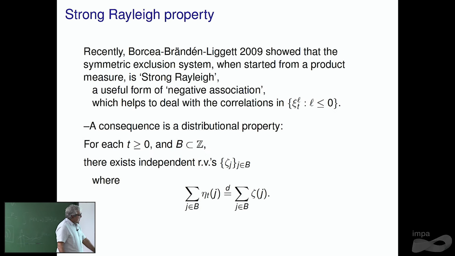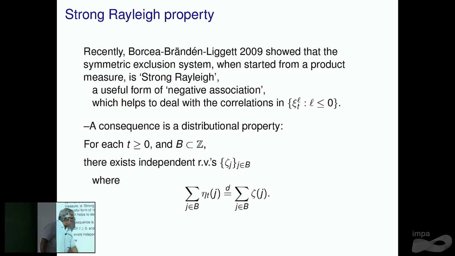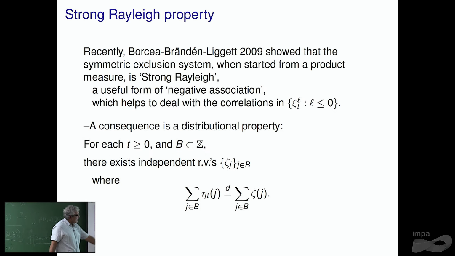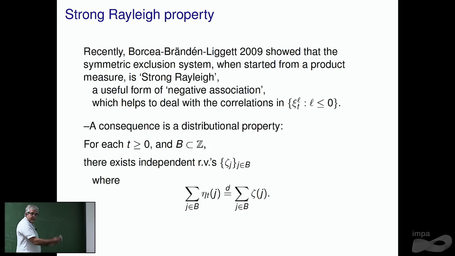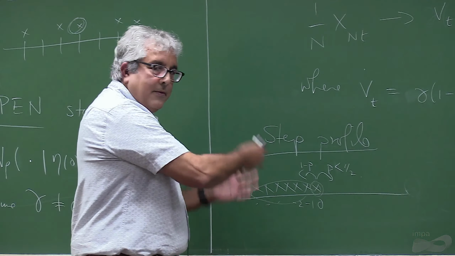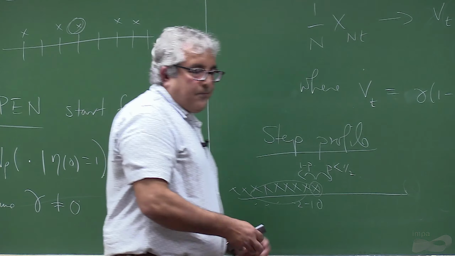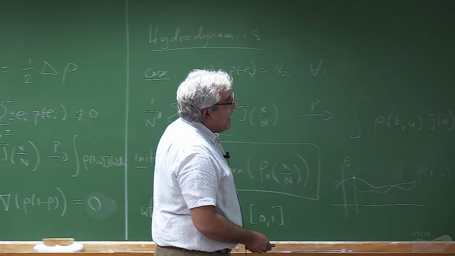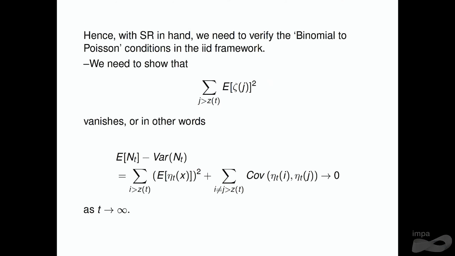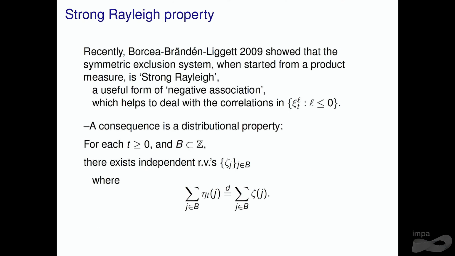That has the same distribution as a sum of independent Bernoullis. Remember, each η_t(x) is a Bernoulli random variable, but they're all correlated. Initially you start from a product measure, but then they're all going to mix up. So that's a consequence. If you have that, then you can do a lot of things, so let's keep that in mind.